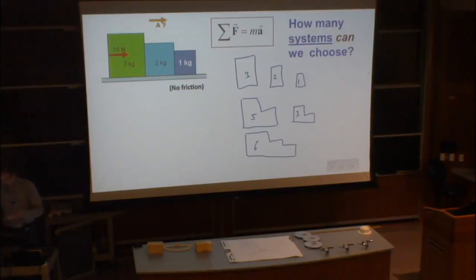And normally, in a case like that, you should start from the biggest system and gradually go down to the smallest system and see how it works. Here we have, again, no friction, so we have 15 newtons to the right, and we don't know how many newtons here.